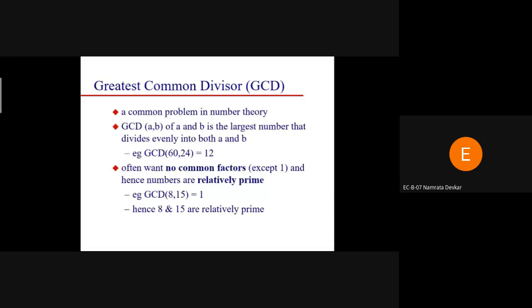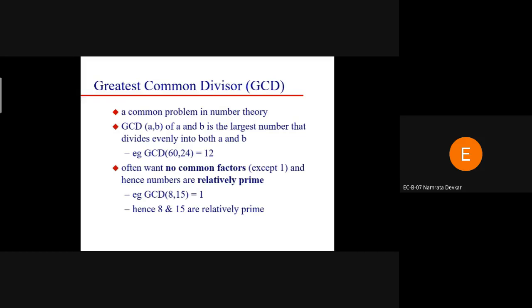The number 60 can be divided by various numbers. It can be divided by 1, by 2, by 3, 5, 10, sorry, 12, 15. So we can divide 60 by various numbers.